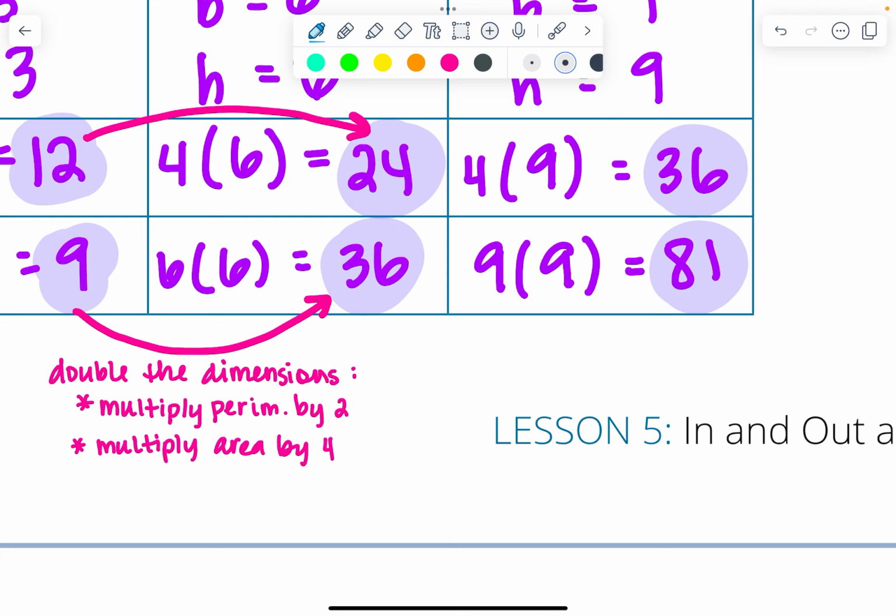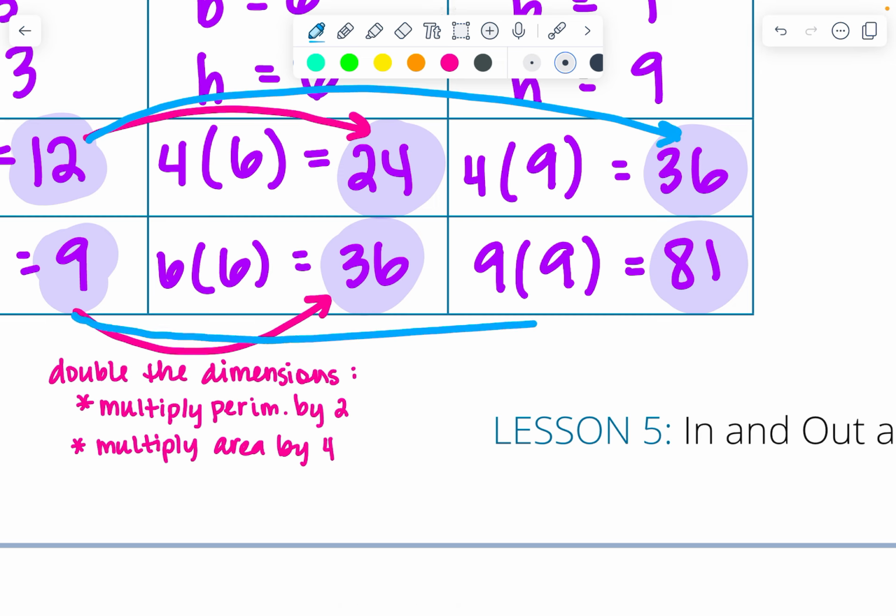If we triple the dimensions, it will also triple the perimeter, and then the area will be multiplied by 9.